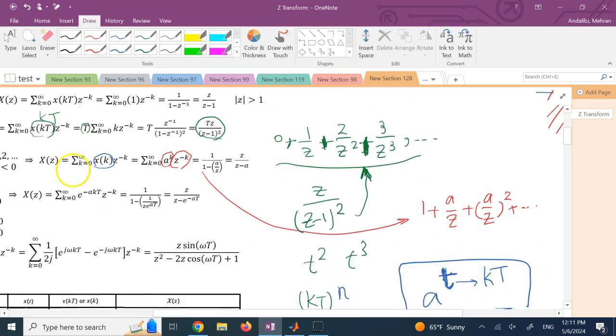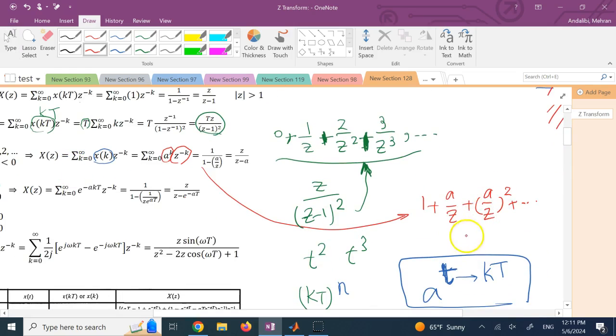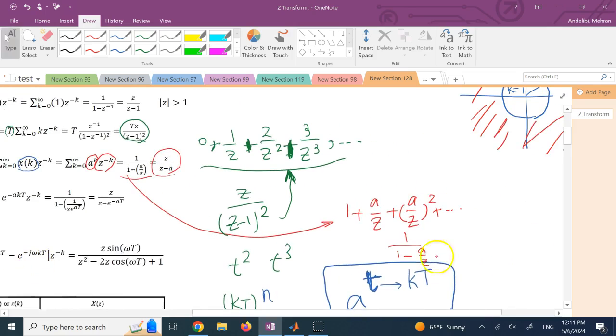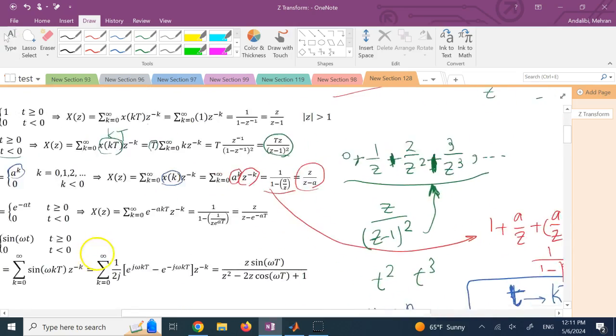Again, this is a geometric progression where the summation is the first term, 1, over 1 minus the a over z term, which you can see here. And if you simplify that, it's going to be z over z minus a. It is converging, of course, when the magnitude of this is less than 1. That means magnitude of z has to be bigger than magnitude of a. Okay, so that is the radius for this one as well.